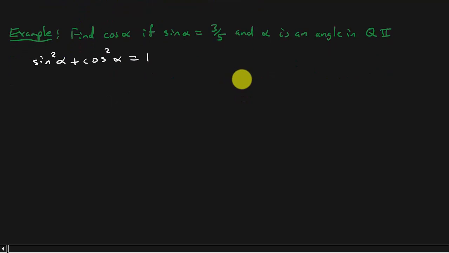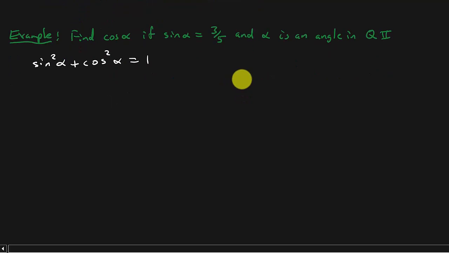So if we look at this, they give us sine alpha. So sine alpha is 3/5. If we replace sine alpha with 3/5, now remember, this is sine squared, so the 3/5 is squared, plus cosine squared alpha is equal to 1.